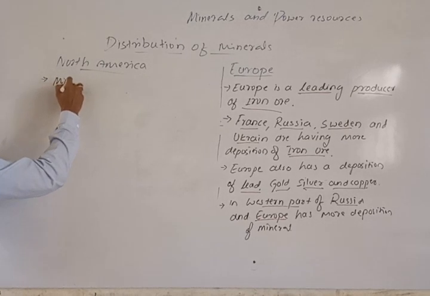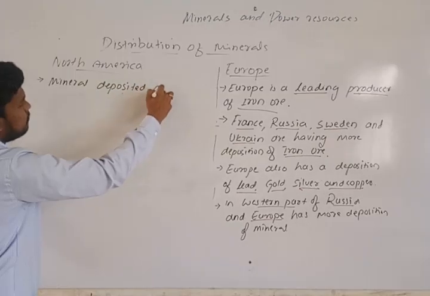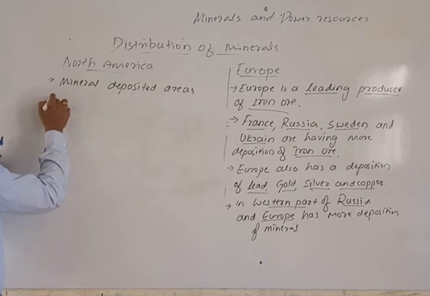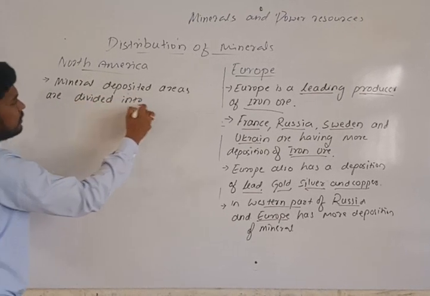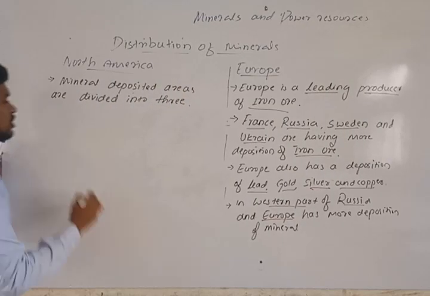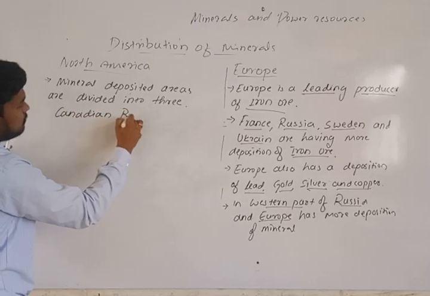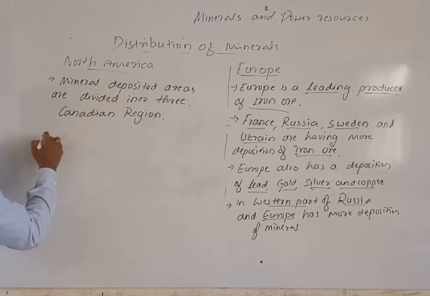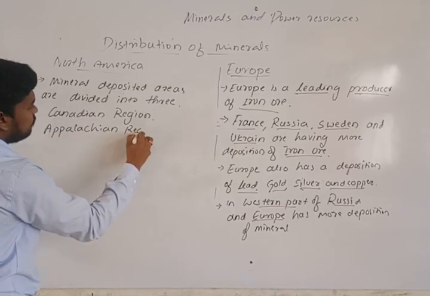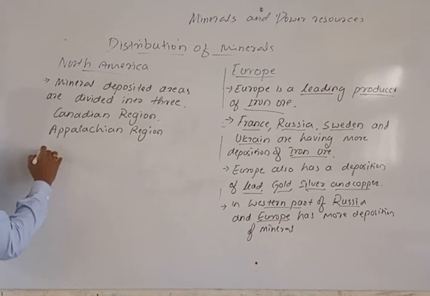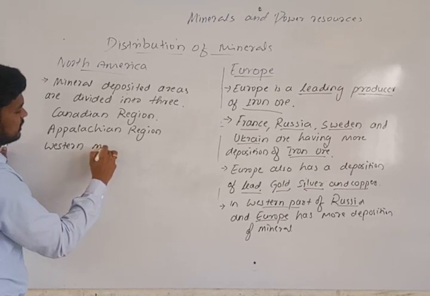The mineral deposited areas are divided into three: the Canadian region, then the Appalachian region, then the western mountain ranges.